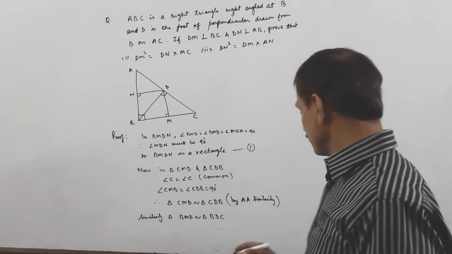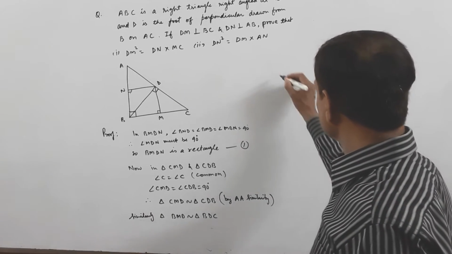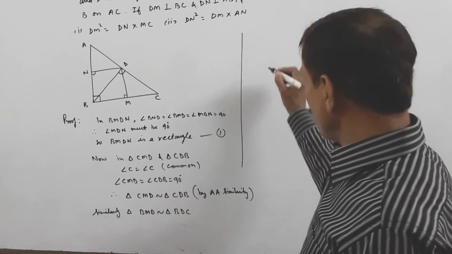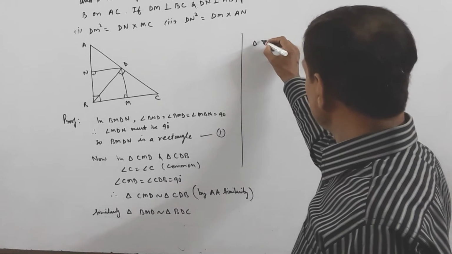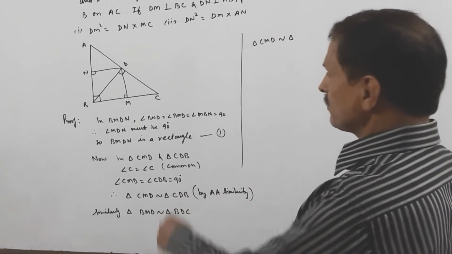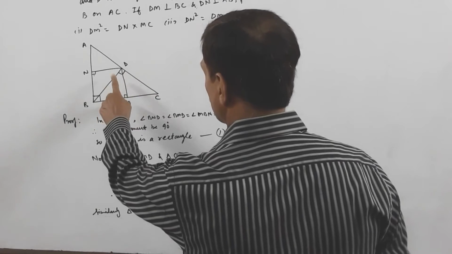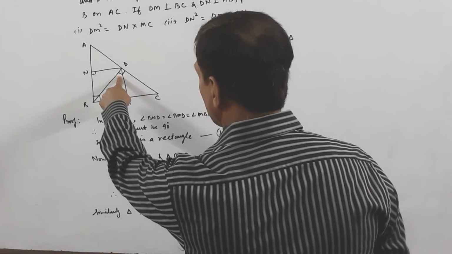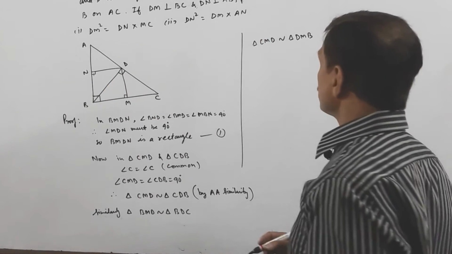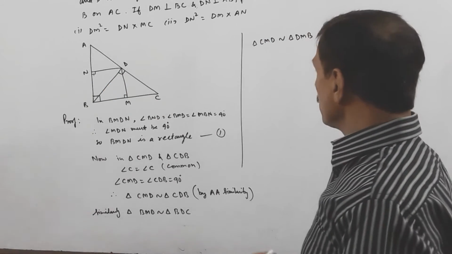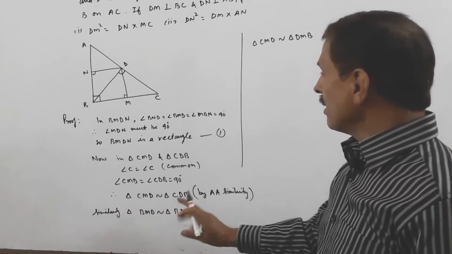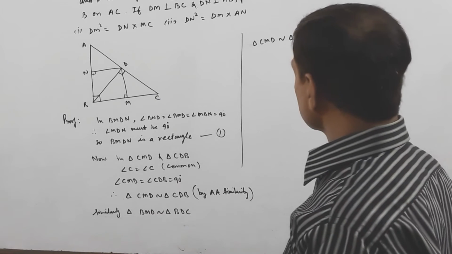Therefore, from these two, we can say triangle CMD is similar to triangle DMB. Reason, triangles which are similar to the same triangle are similar to each other.